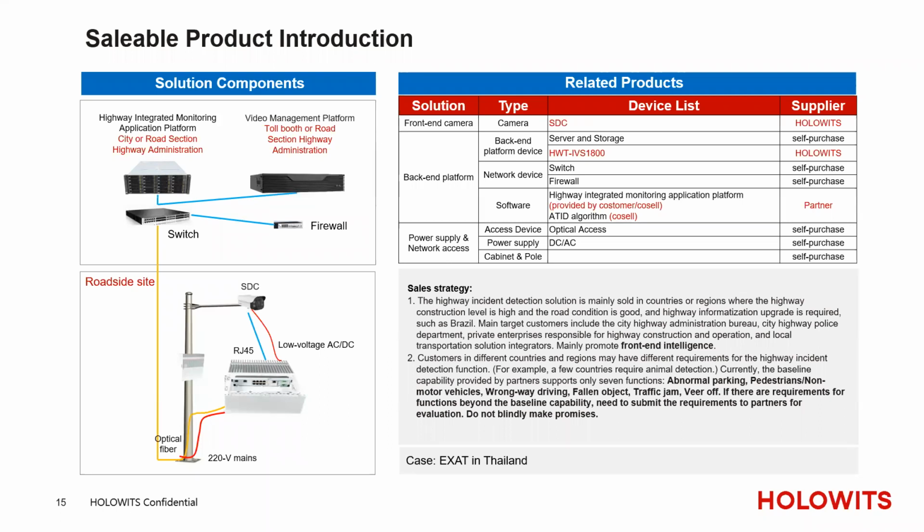So this year we focus on the whole scenarios. We will publish many products around our SDC, like the switch, PoE switch, or the face pad, or the barrier gate. This kind of device will be published in these years.